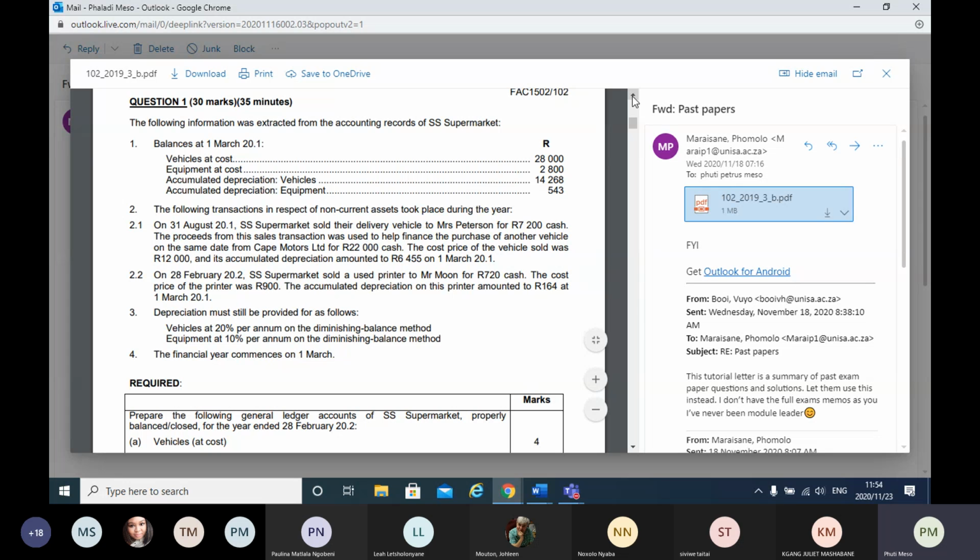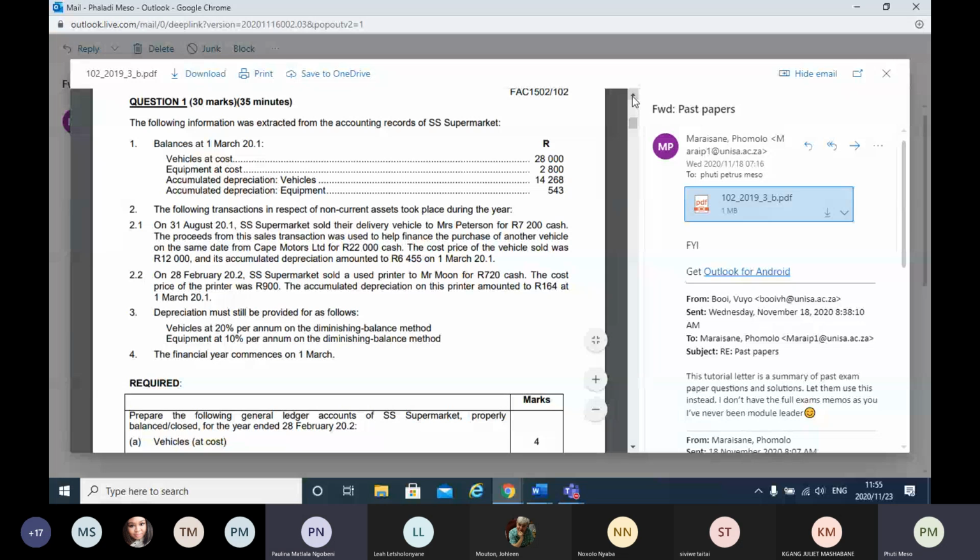It's important to establish how much the accumulated depreciation is, simply because the method in use is the diminishing balance method. What does it say? Cost minus the accumulated depreciation. But here's the thing, you need to listen carefully. Sometimes they can give you the cost and they don't give you the accumulated depreciation. These are the two things that you need to be very careful of.